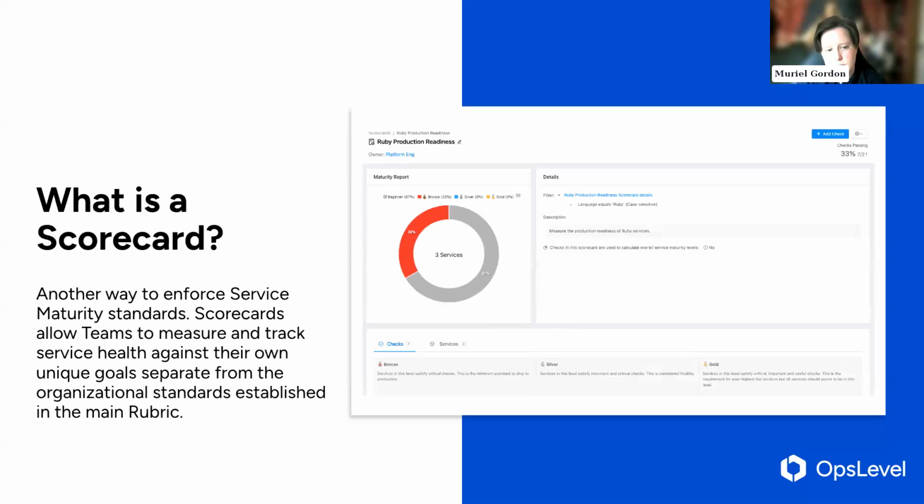So scorecards are another way to enforce your service maturity standards. Scorecards allow teams to measure and track service health against their own unique goals, separate from the organizational standards established in the main rubric. And with scorecards and the rubric, sort of a metaphor I like to use to describe these things is, think of these as walls that you've built around your product offering.